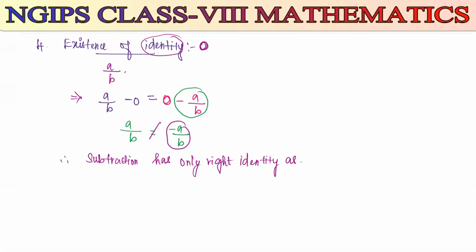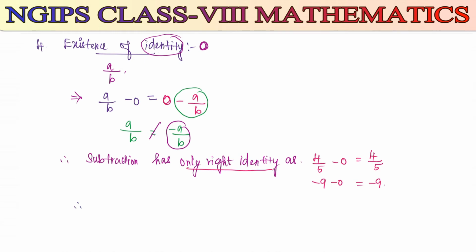Only for the right side you will get it. So if you take any number like 4 by 5 minus 0, you are going to get the answer as 4 by 5. If you take minus 9 minus 0, it is nothing but minus 9. But when it comes to the left hand side it is not correct. You are not going to get the identity for the left hand side. It is possible only for the right hand side.